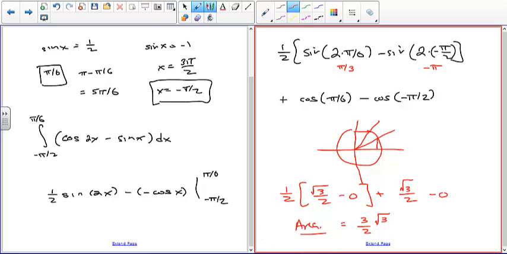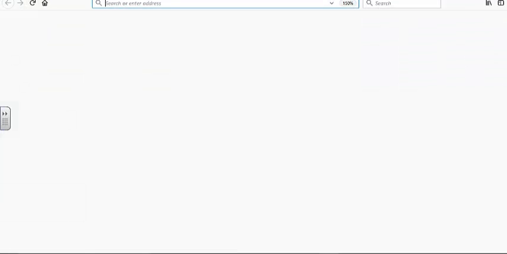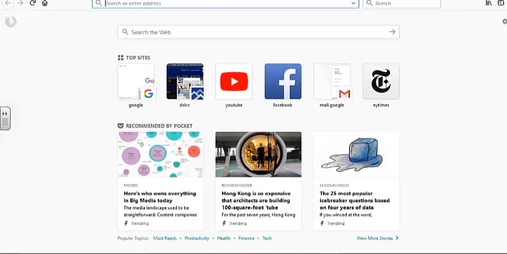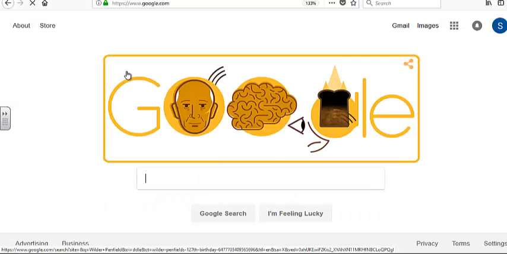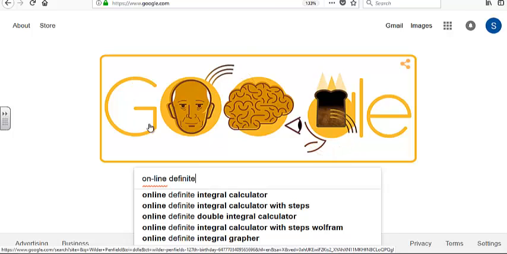And thus, just to double check that I didn't make any mistakes, I'm just going to go online and do this. Let's see here. Online definite integral calculator.